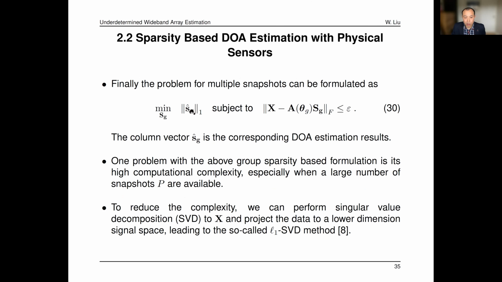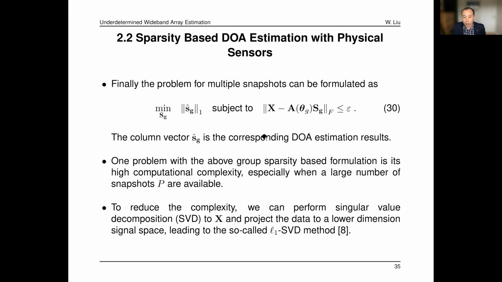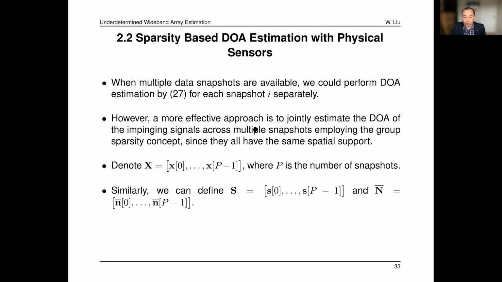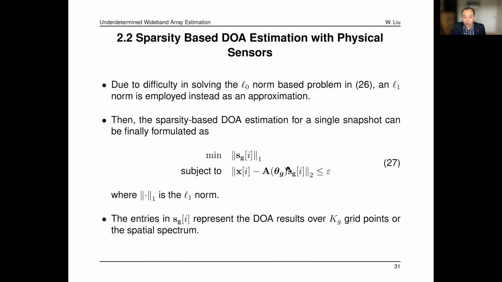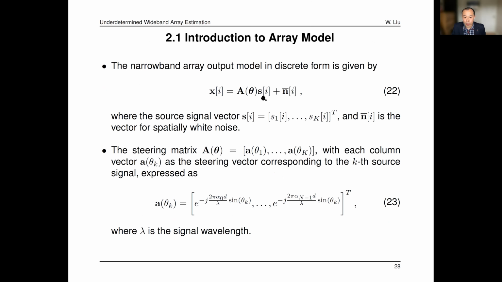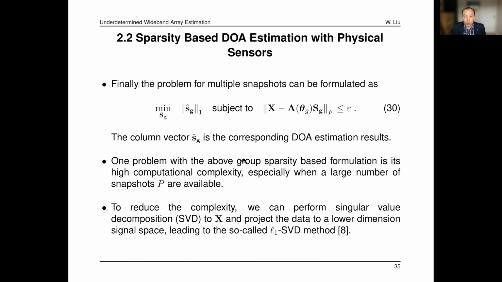So this is basically the L21 norm of this S_G. This S_G corresponds to this S, like this small s_G corresponding to this small s. Now you use this L21 norm to do this minimization. That's a group sparsity based approach.